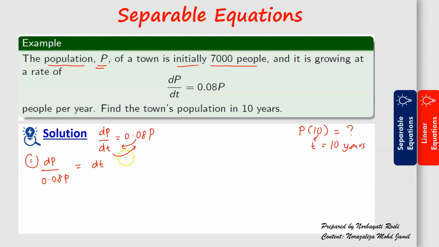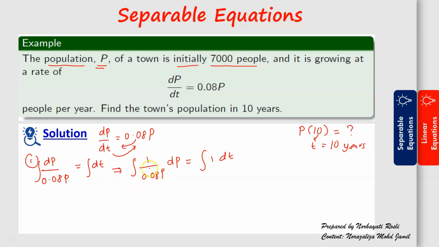In this case, when we integrate both sides, I will have the integration of 1 over 0.08 P dP equal to the integration of 1 dt.